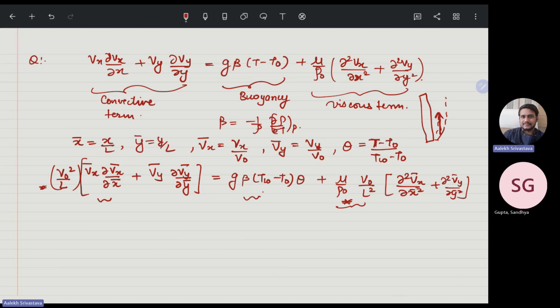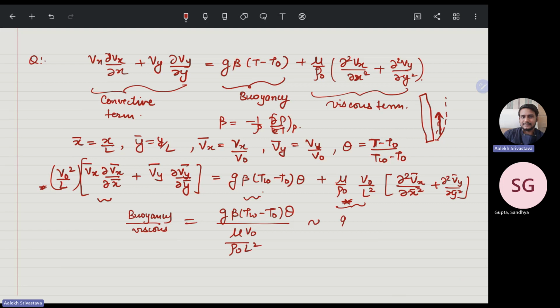The first thing we will do is take buoyancy divided by viscous. If you take these two ratios, g beta (Tw minus T0) into theta divided by mu V0 by rho 0 L square.